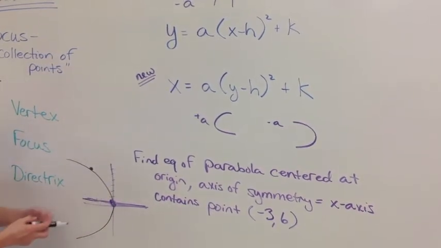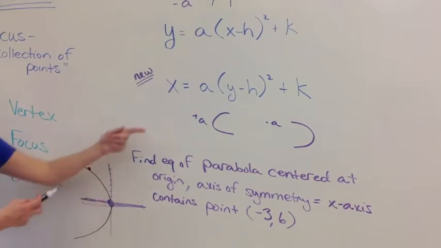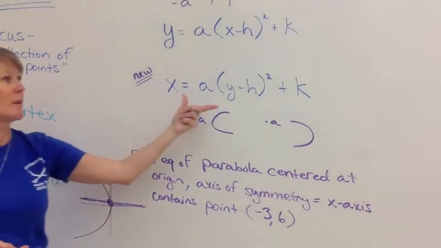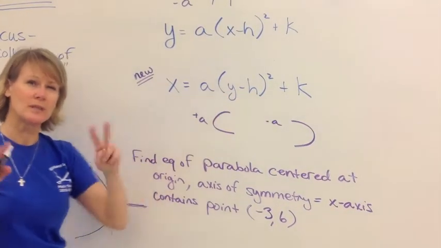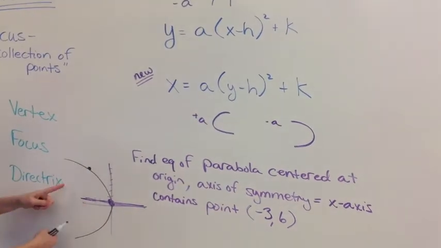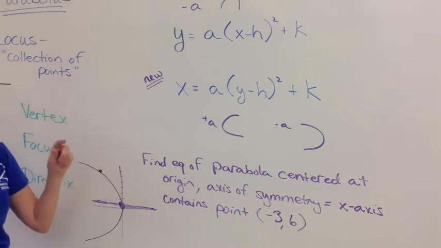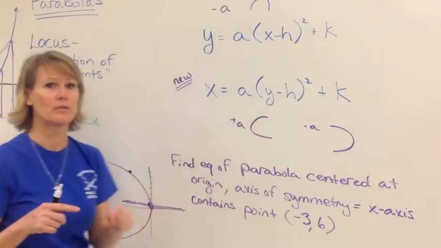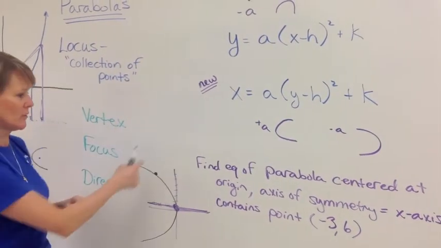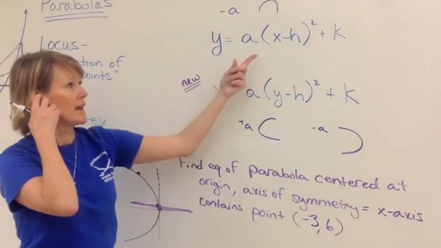So now I know I'm going to be using this equation, because my y's are being squared. It's always the opposite. If the parabola is going around the x-axis, then your y's are being squared. If it's going up and down, then the x's are being squared.